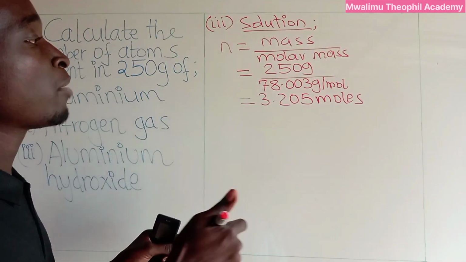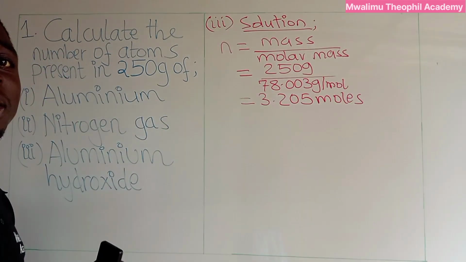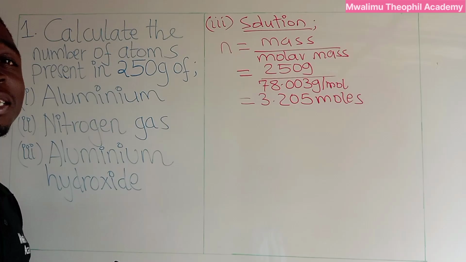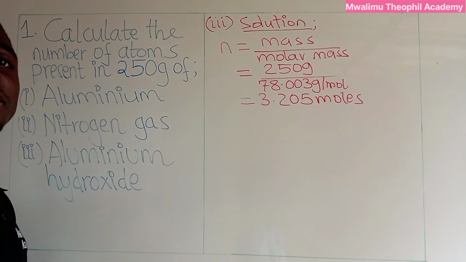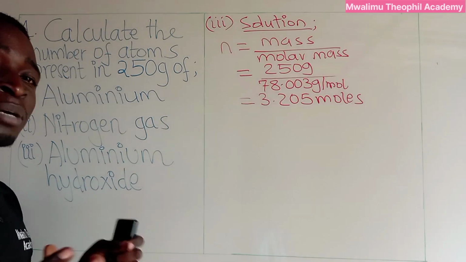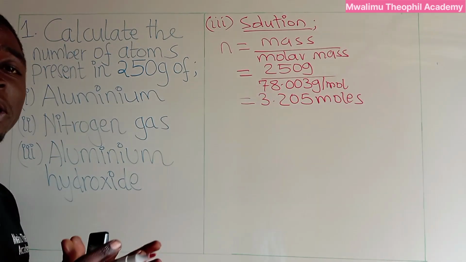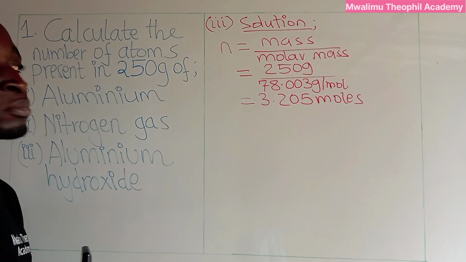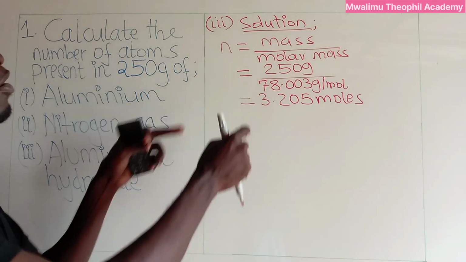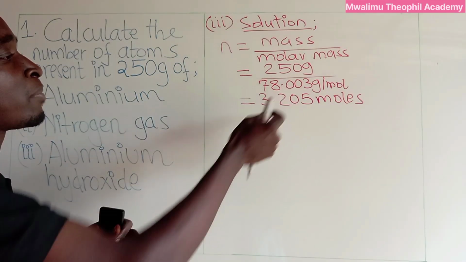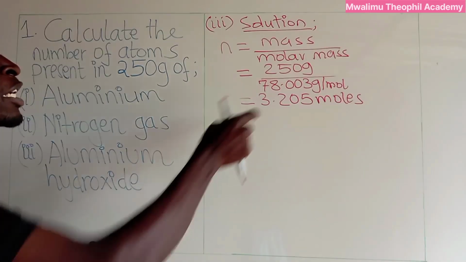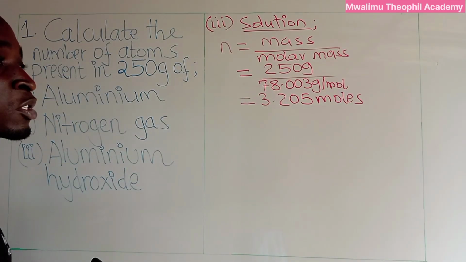After this step, now we are going to calculate the number of molecules present in aluminium hydroxide. You have to remember, as aluminium hydroxide is a molecular substance, we should first calculate the number of molecules. After getting the number of molecules, it is where we will obtain the number of atoms. So, to get the number of molecules present in this amount of moles, we should take the number of moles times Avogadro's constant.